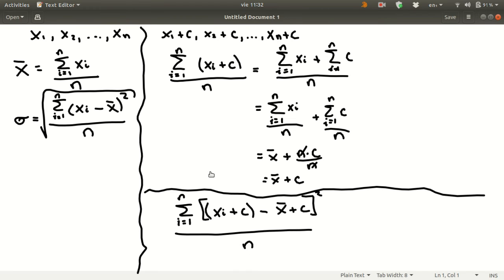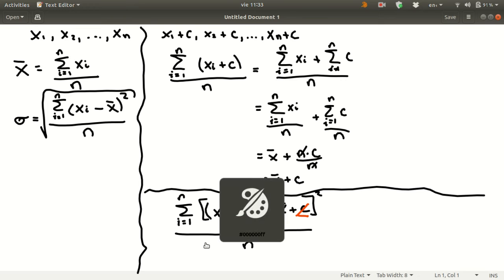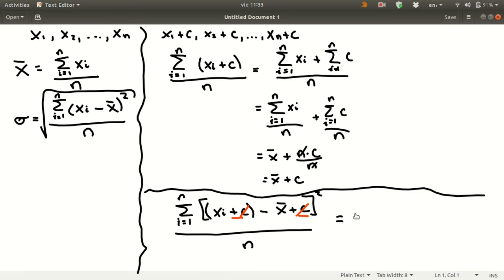Now notice that if we combine like terms, then we're going to have plus c minus c. So these two terms cancel out.